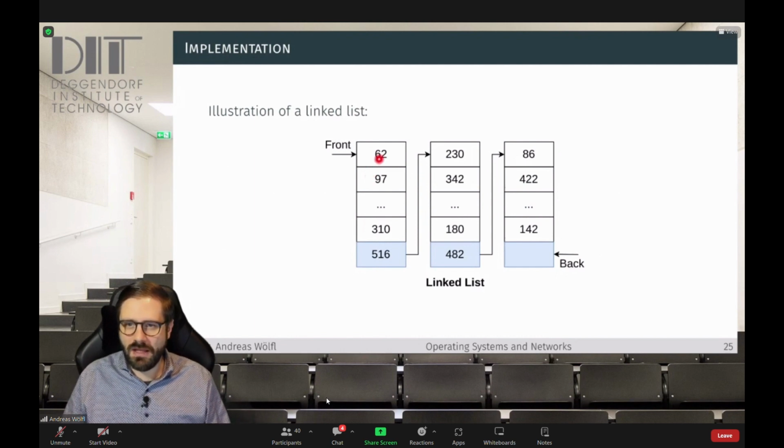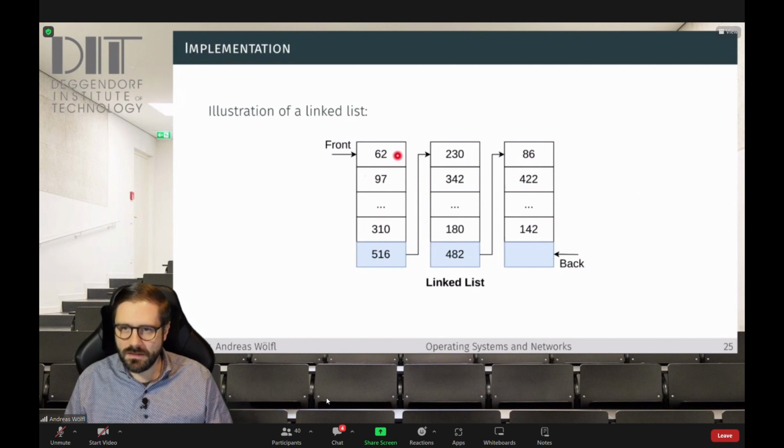So if we allocate 62, it makes sense to look for the next block that is as close to 62 as possible in order to avoid readjustment of the read-write head in the case of a hard drive. And this is what operating systems do. They try to find consecutive memory segments spanning over multiple blocks.